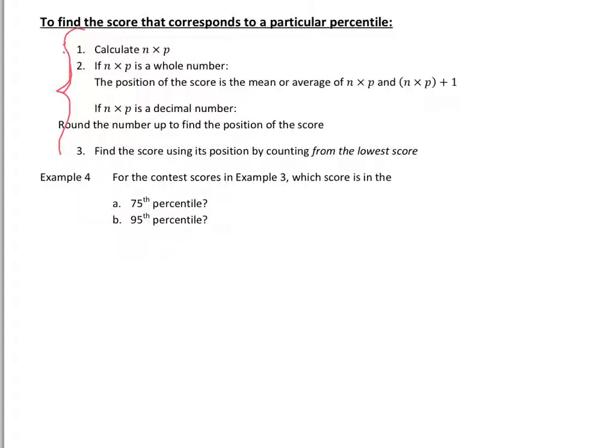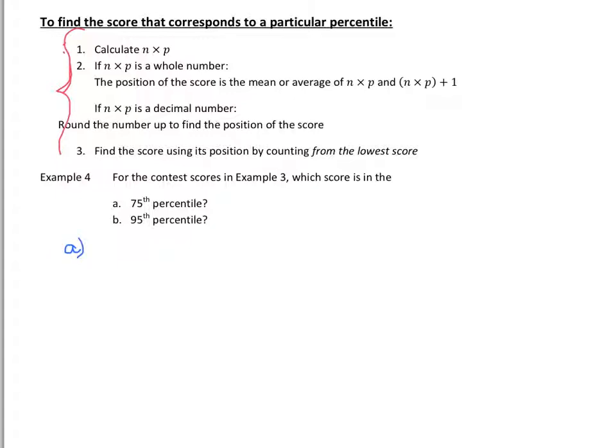Now the process that we have to go through here is outlined as I said, so I'm going to go through that with you using the example listed here, which says for the contest scores in example 3, in other words the same table that we've been looking at, which score is in the 75th percentile. In order to figure that out, we go through this process that I've outlined for you.